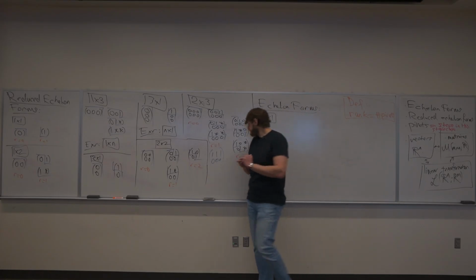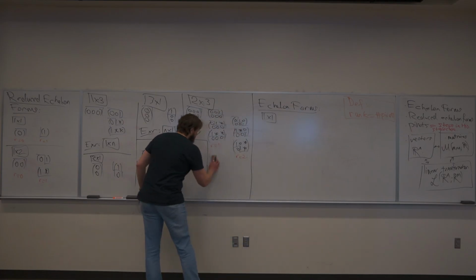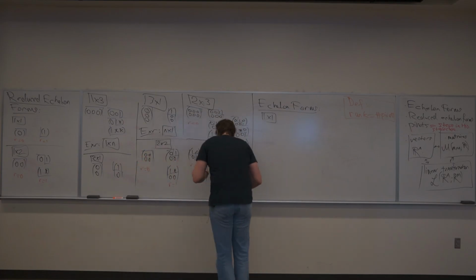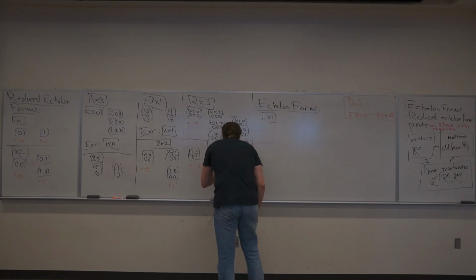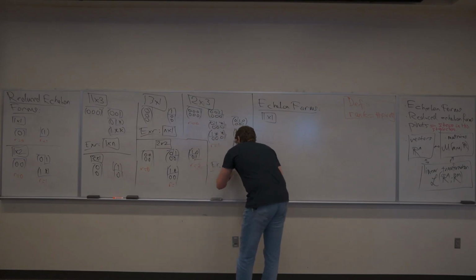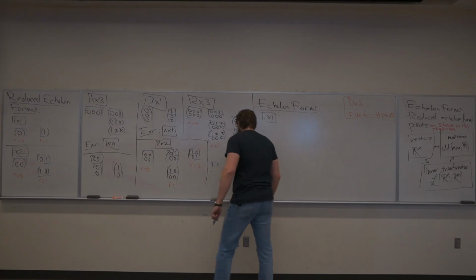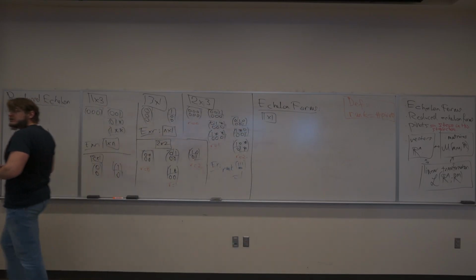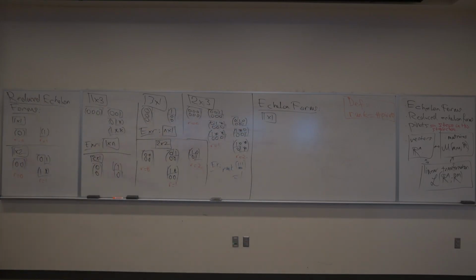So, for example, the rank of 1, 1, 1, 0, 0, 0 is 1. Any comments or questions about this?